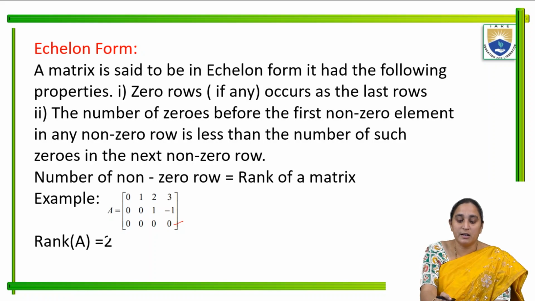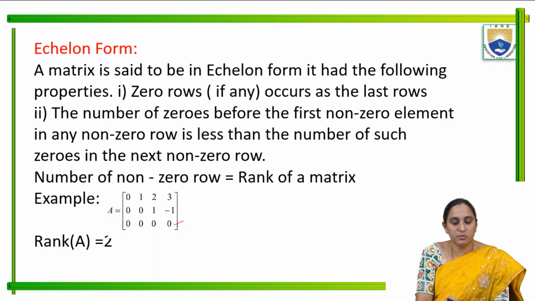For that case, we can apply these two conditions. The first condition: zero rows occur as the last rows. The second condition: the number of zeros before the first non-zero element in any non-zero row is less than the number of such zeros in the next non-zero row. These two conditions are applicable exactly for the rectangular matrix.